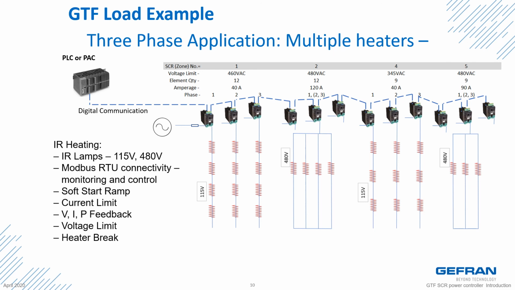Taking a look at Zone 4, we find that the zone uses 3 heaters rated at 115 volts each, connected in series for a total maximum voltage rating of 345 volts AC. And Zone 5 is similar to Zone 2, but has 3 480 volt rated heating elements connected in parallel.